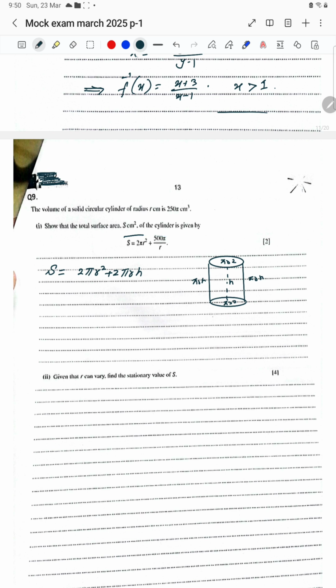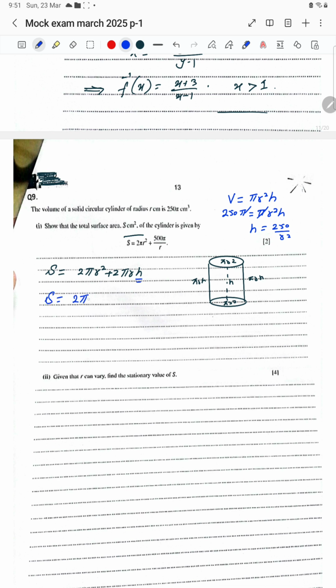So from the given information, you are given the volume of the cylinder, that is pi r square h, that is 250 pi equal to pi r square h, pi cancelled. So we get h is equal to 250 over r square. Now replace h with this.